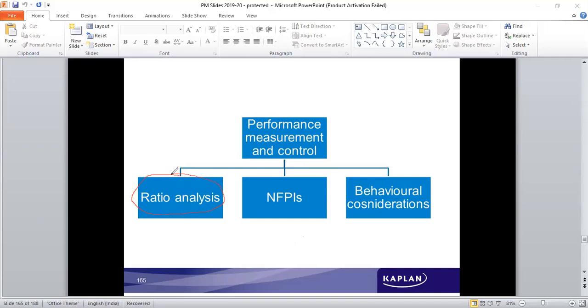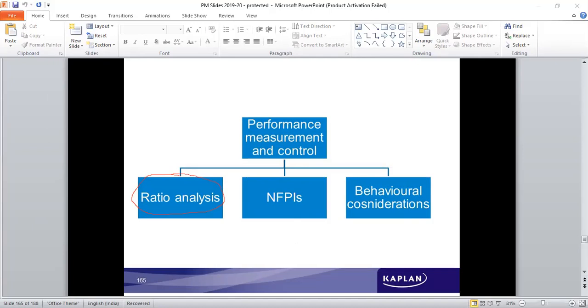The best tool you can use to evaluate and measure performance is ratio analysis. All the ratios available talk about some aspect of the organization; something or the other can be known from ratio analysis. So the first thing is ratio analysis.